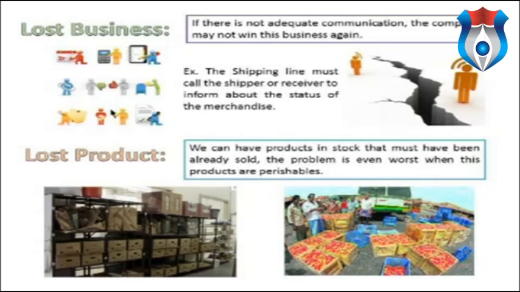If there is not adequate communication, the company may not win this business again. For example, the shipping line must call the shipper or receiver to inform about the status of the merchandise. Lost product. We can have products in stock that must have been already sold. The problem is even worse when these products are perishable.